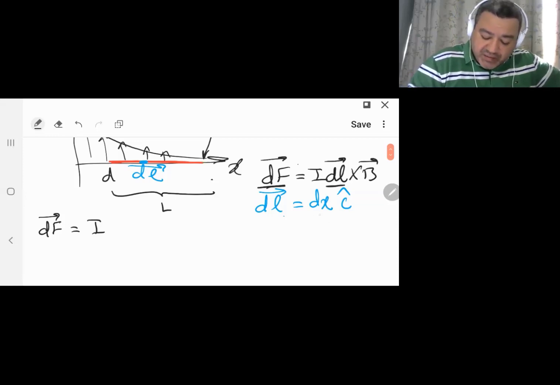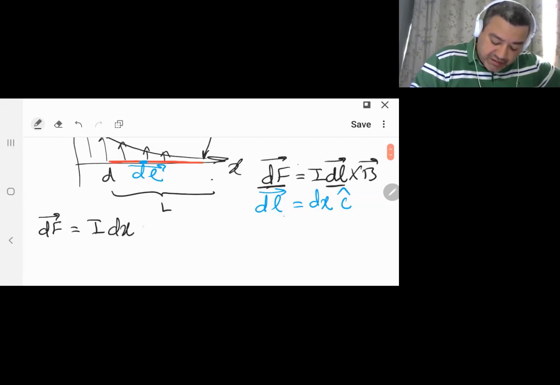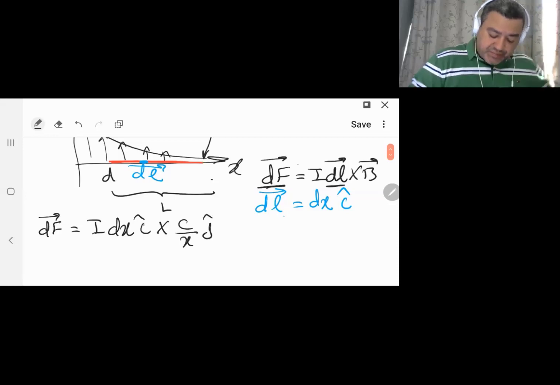So dl vector equals dx along i. Now I substitute dl with dx i. This is cross B, which is C over x j.